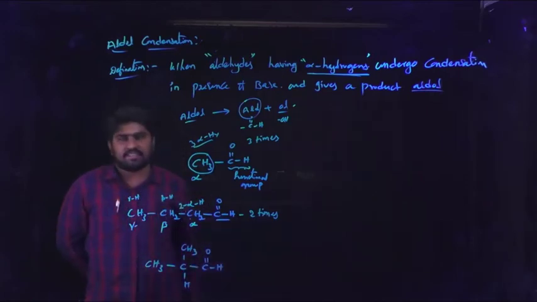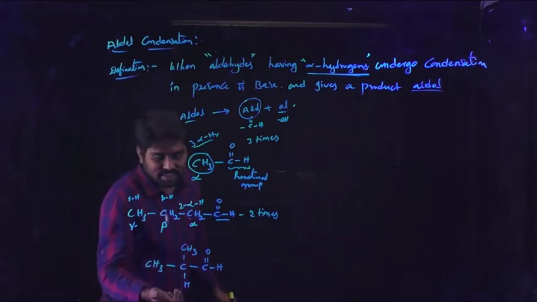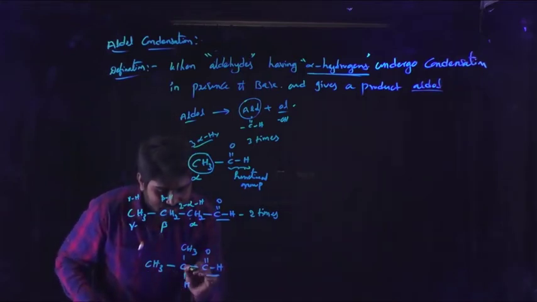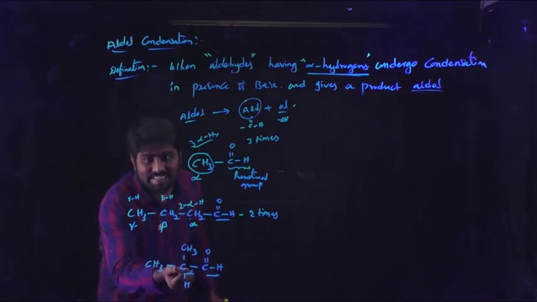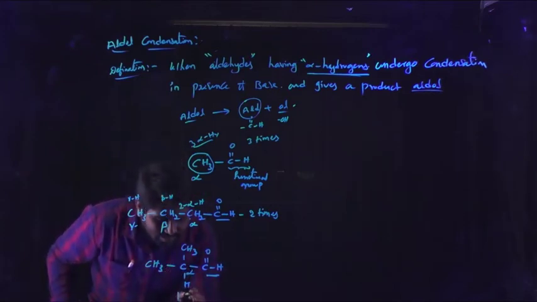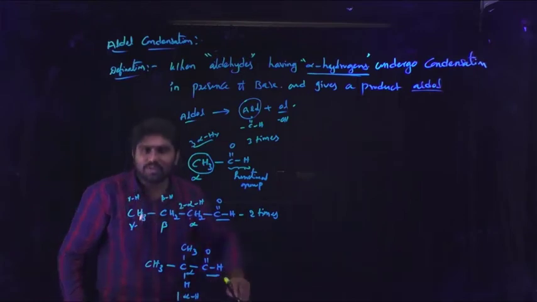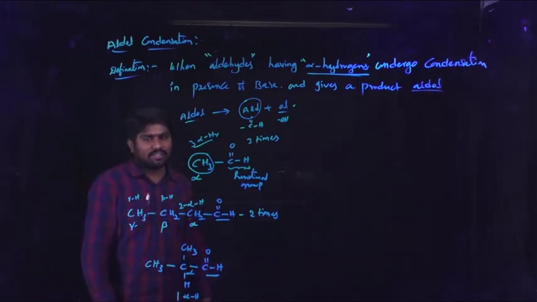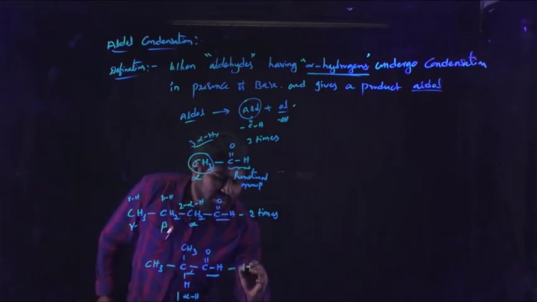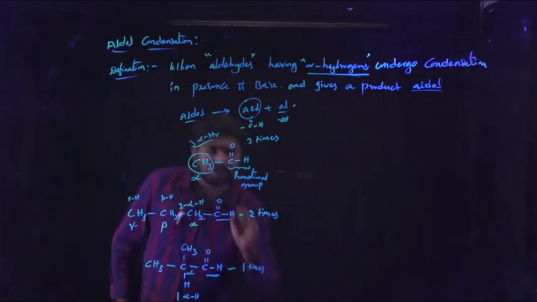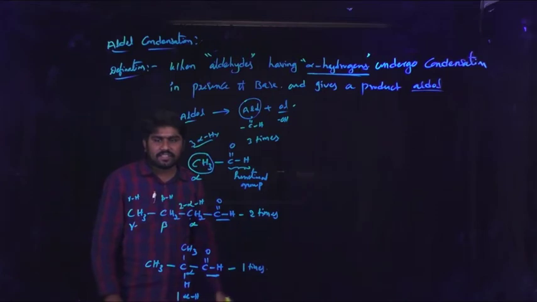If you look at this example, this is the functional group and this is the alpha carbon atom. This alpha carbon atom has only one alpha hydrogen, that's why the reaction takes place only one time.